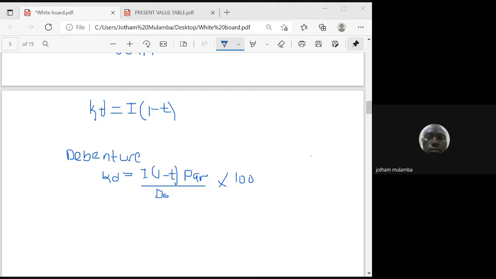The second is 50,000 10% preference shares of 10 shillings each. The third is 40,000 10% debentures at 10 shillings each. Let's start with the ordinary shares. Our formula still remains KE.